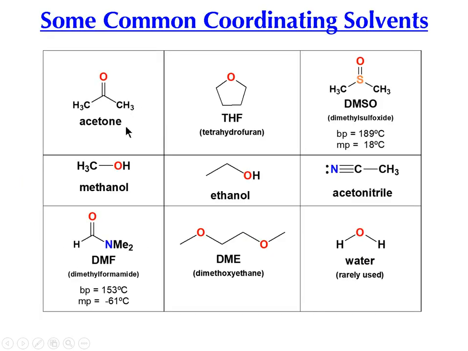In this table, we have some common coordinating solvents, which are in general oxygenated solvents because the oxygen is not a good sigma donor, so these solvents are not good coordinating ligands.